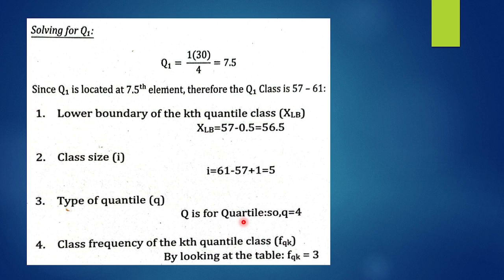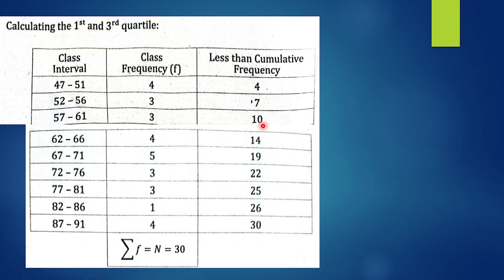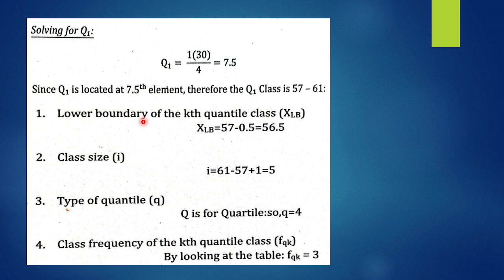Next is the class frequency of the kth quantile class, or FQK. So where do we find this frequency of the kth quantile class? Of course, in the quantile class, which is 57 to 61. By looking at the table, the frequency of the quantile class is 3. So our FQK is equal to 3.